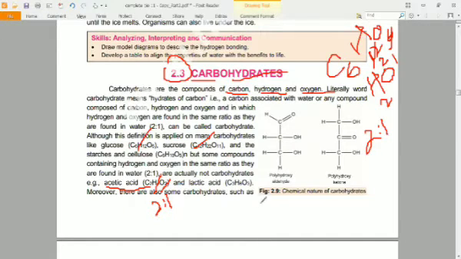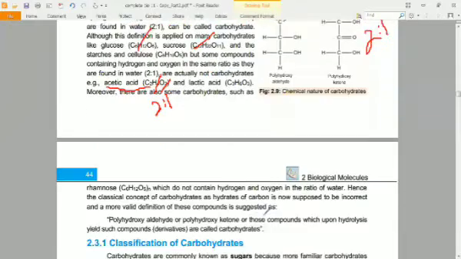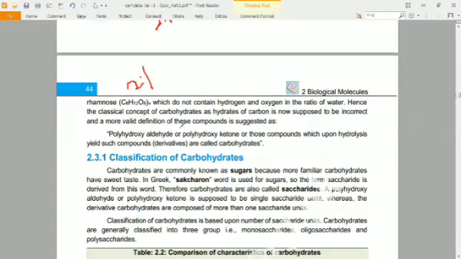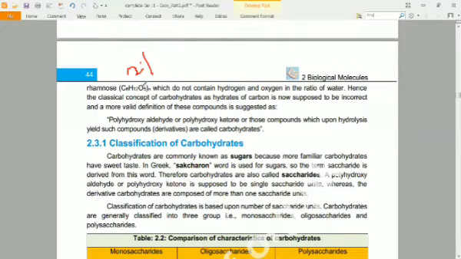There are some carbohydrates, such as rhamnose, which do not have the ratio. For example, C6H12O6 is glucose, but C6H12O5 is rhamnose, which is a carbohydrate but is not present in the 2 to 1 ratio. So it is not important to have these ratios.